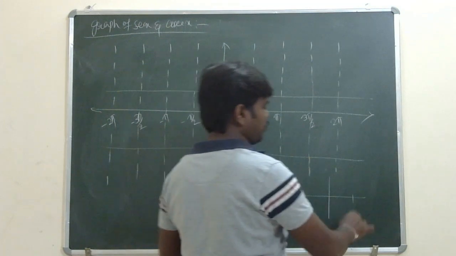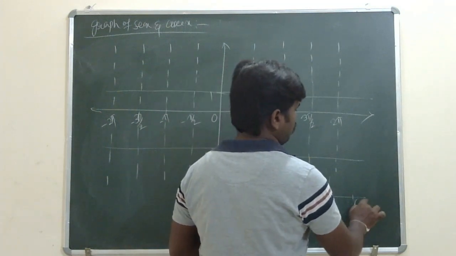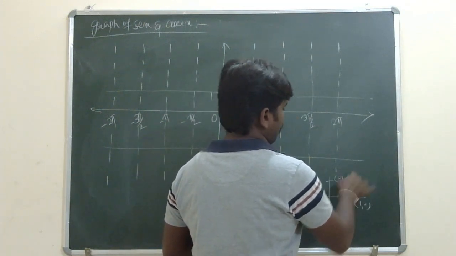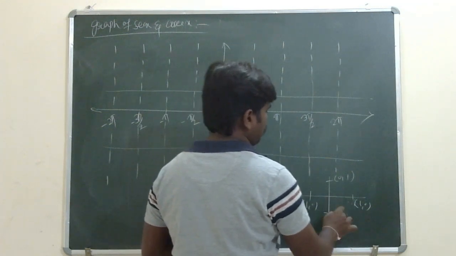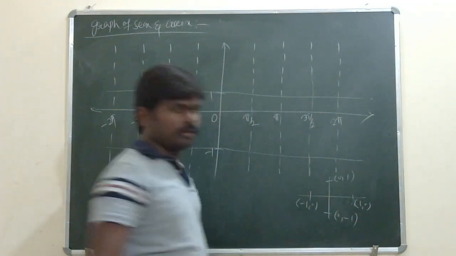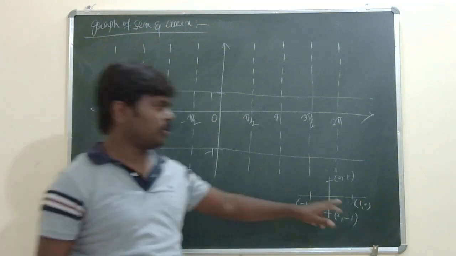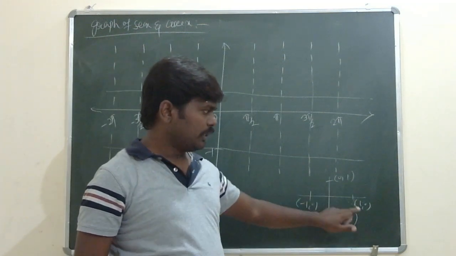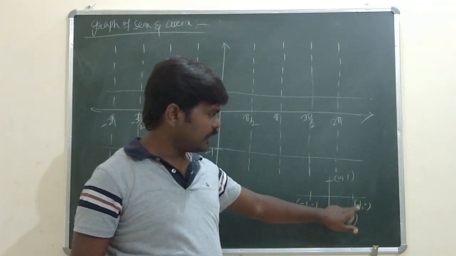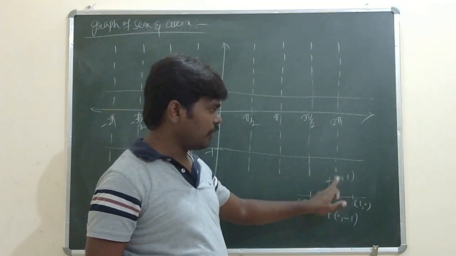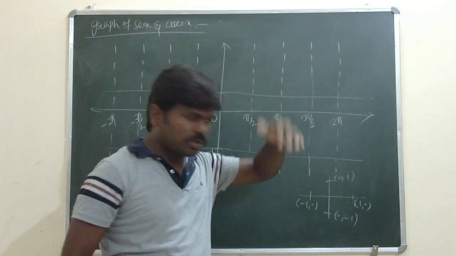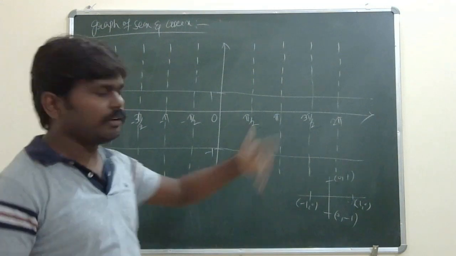Here I already explained about the cos. So here 1 comma 0, and 0 comma 1, minus 1 comma 0, and 0 comma minus 1 we have, and cos means the x coordinate. In the first quadrant, from 0 to pi by 2, the cos value is decreasing from 1 to 0. Okay, so the reciprocal of this will increase.